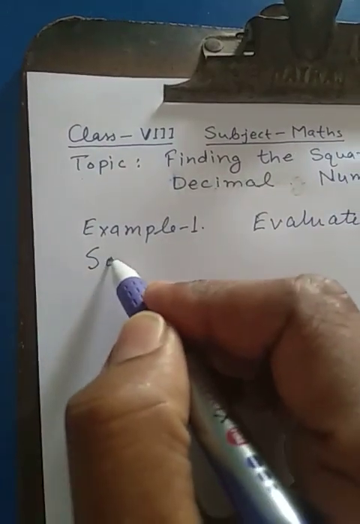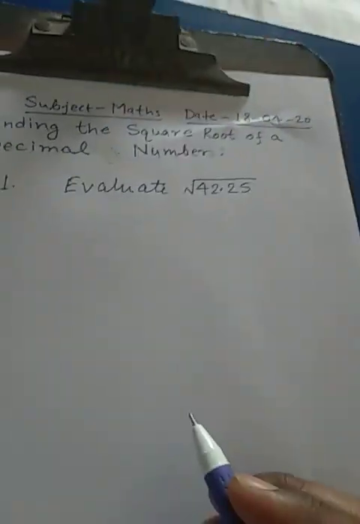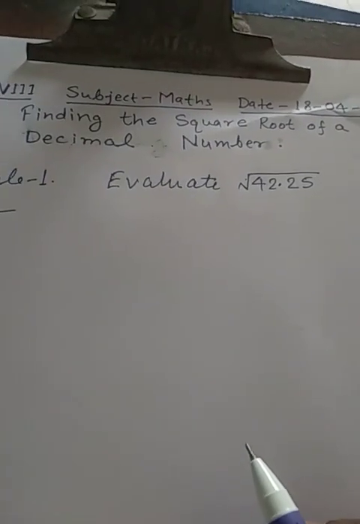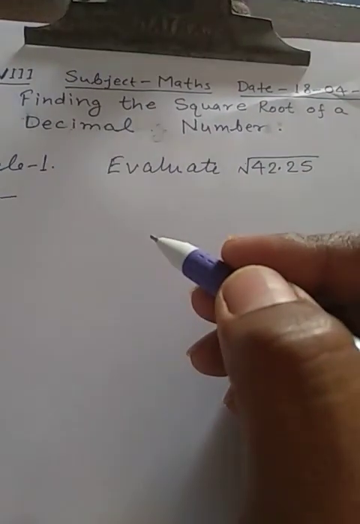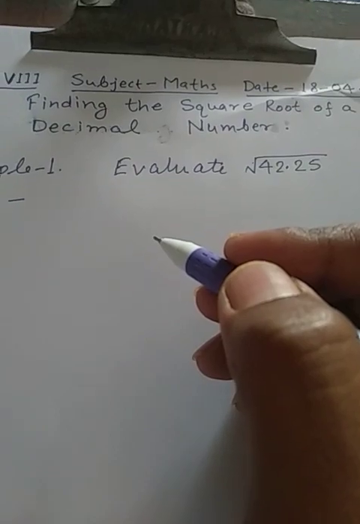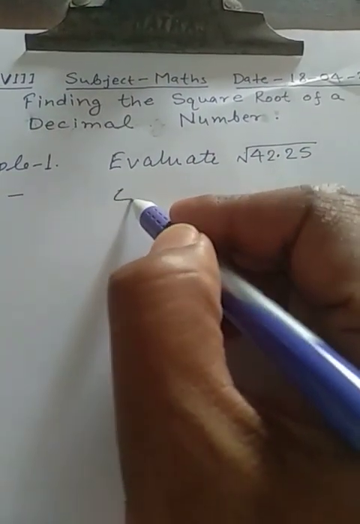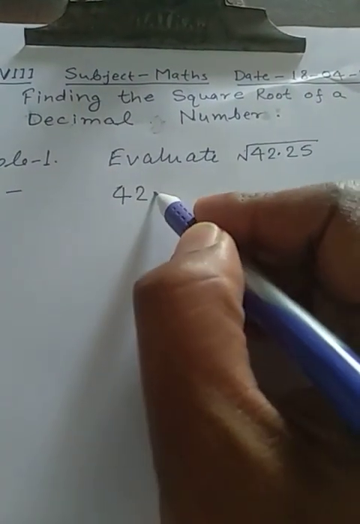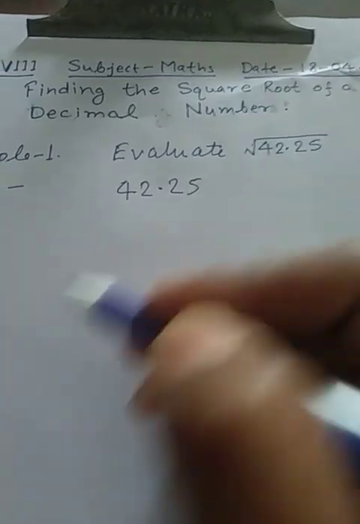Now the solution. To find the square root of 42.25, we have to use the long division method here. 42.25, I am writing.